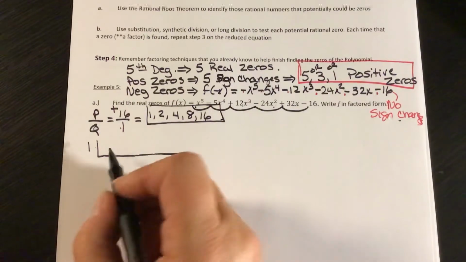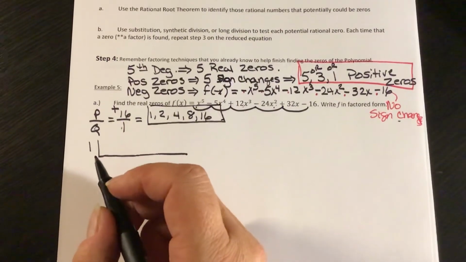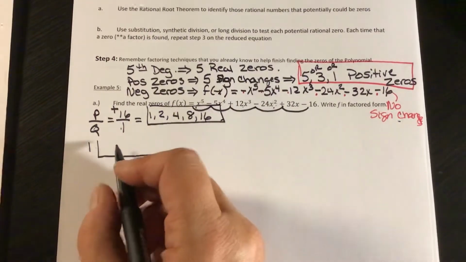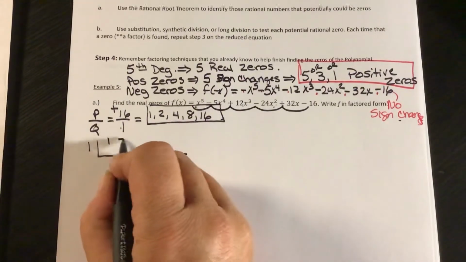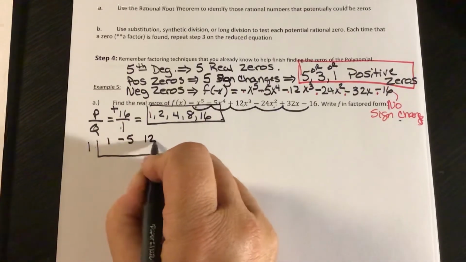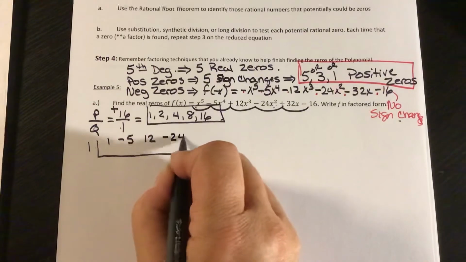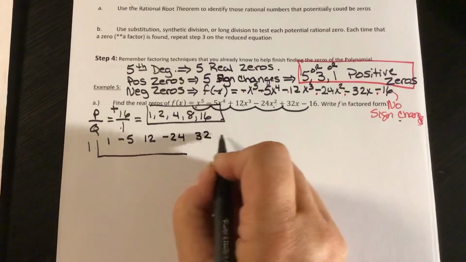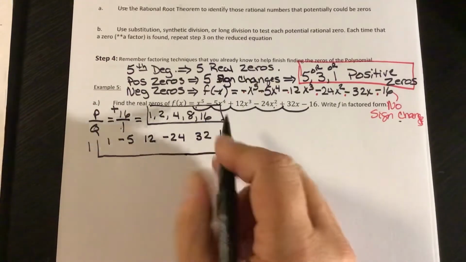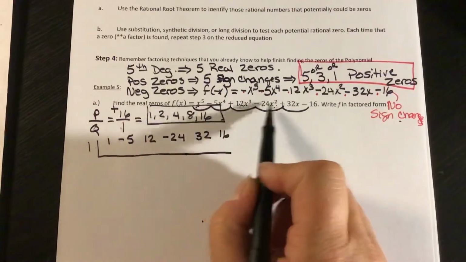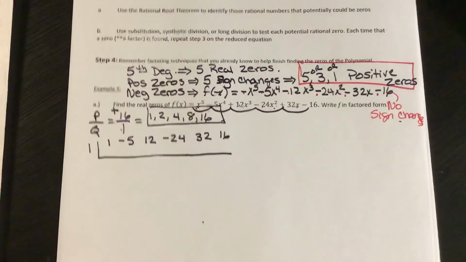Looking back at my notes here, I have 1, negative 5, 12, negative 24, 32, and 16. Those are my coefficients for all of these.